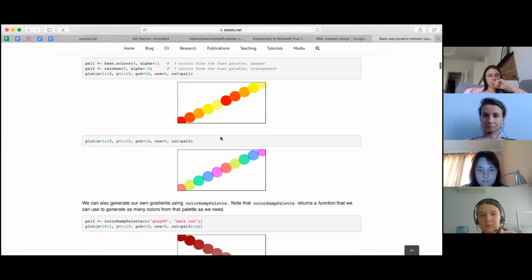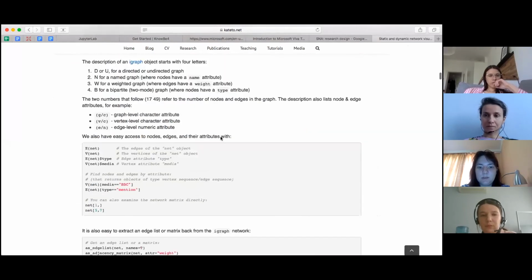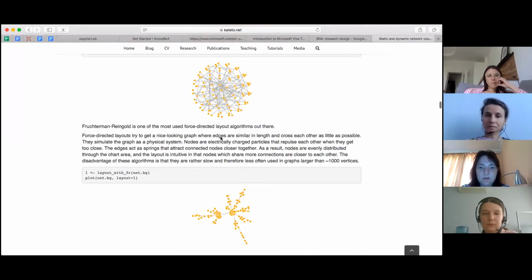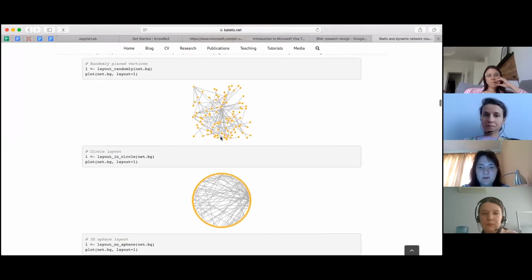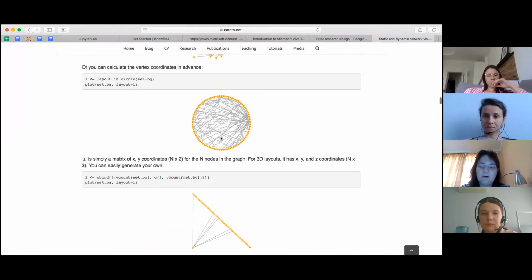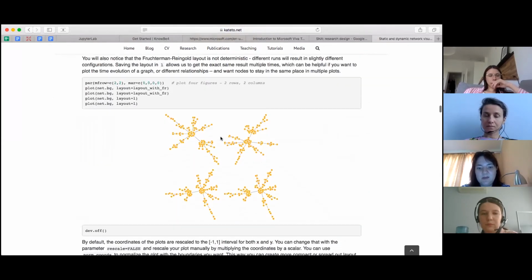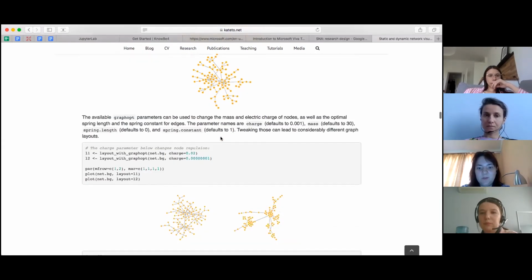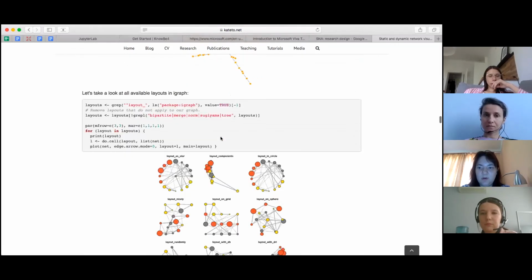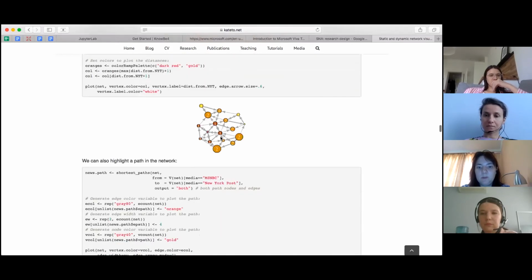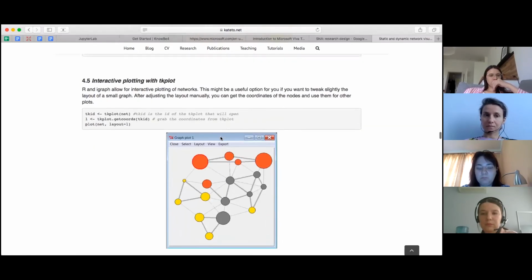It is in R, but she shows how to make very great plots. Still, even on her plots, it's very difficult to find patterns in big networks. Thus, I would suggest thinking more about some hypotheses.